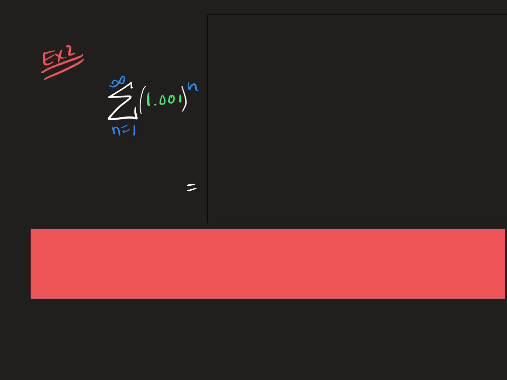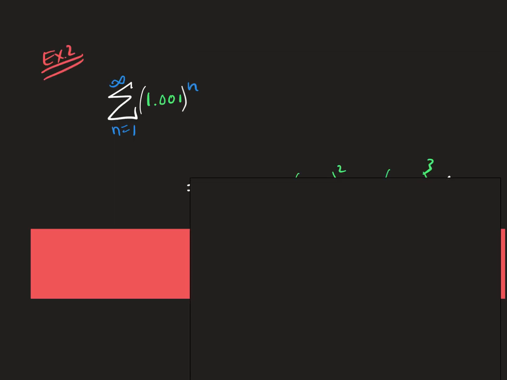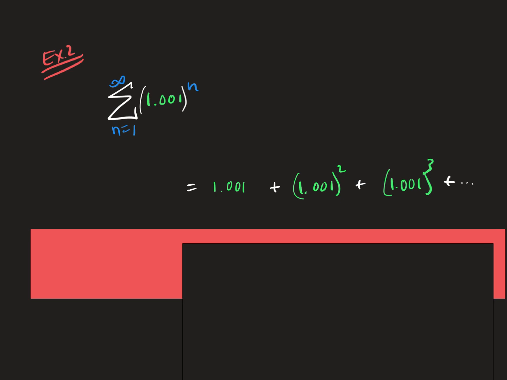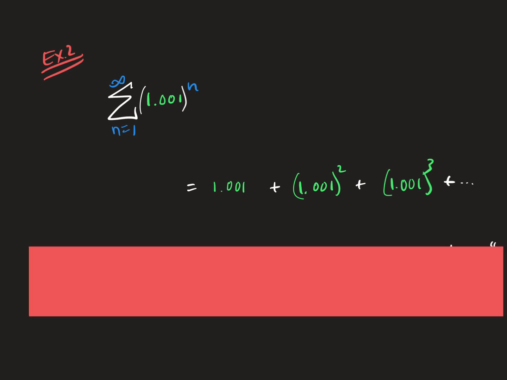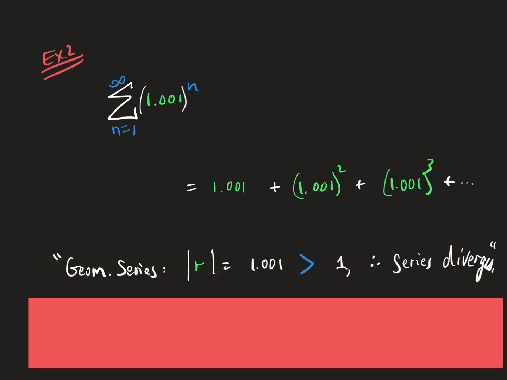Here's another quick example. This series is just that, and it's getting multiplied by this number every time. When that is 1, it's just that, and then it's that times itself, over and over again. And so we recognize this is a geometric series. The common ratio is what it gets multiplied by every time, which is 1.001.